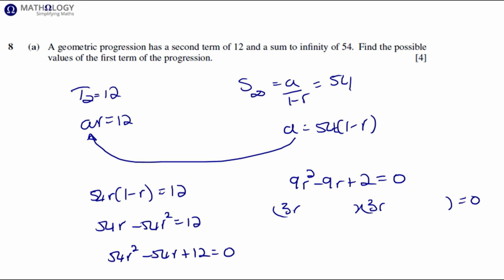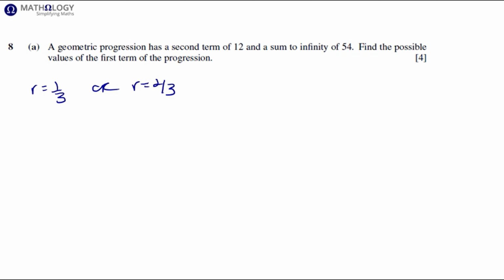Factorising, (3r minus 1)(3r minus 2), so r equals a third, or r equals 2/3. Now, since we're dealing with a sum to infinity, which requires the ratio to be between minus 1 and 1, a third and 2/3 clearly lie in that interval.